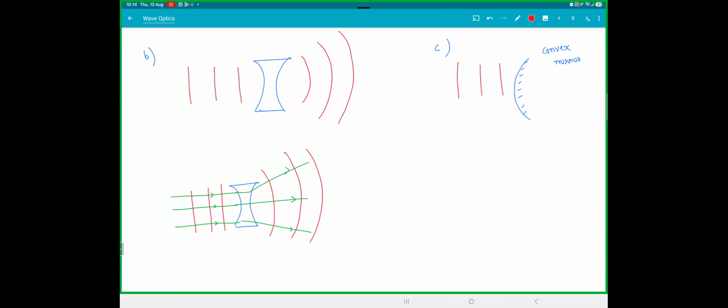Is this making sense, everyone? How to draw? Now, can you draw for the convex mirror? So this is based on wavefronts and ray optics. The idea is the same.